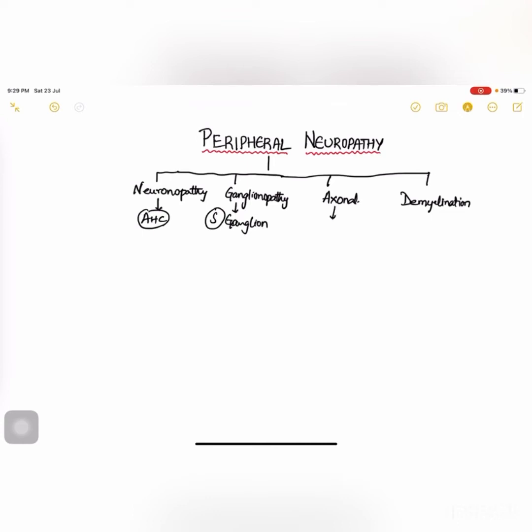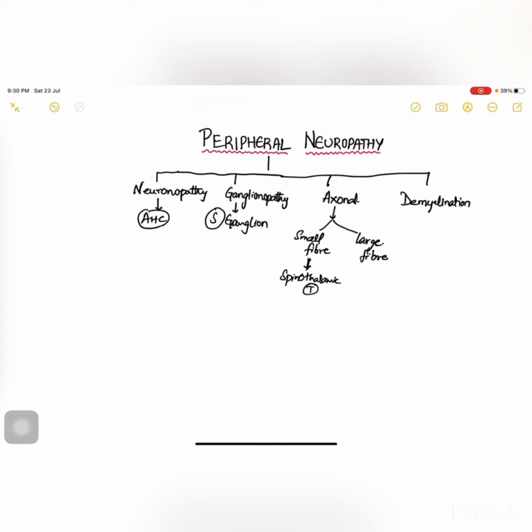Axonal neuropathy is when the axon of the peripheral nerve is affected. It can be further subdivided into small fiber neuropathy and large fiber neuropathy. Small fiber neuropathy is when the spinothalamic tract gets involved.